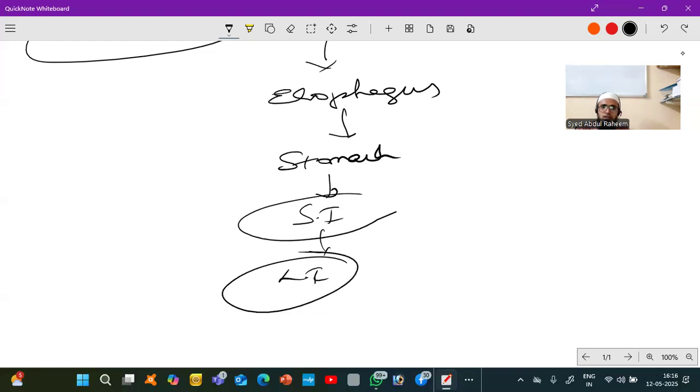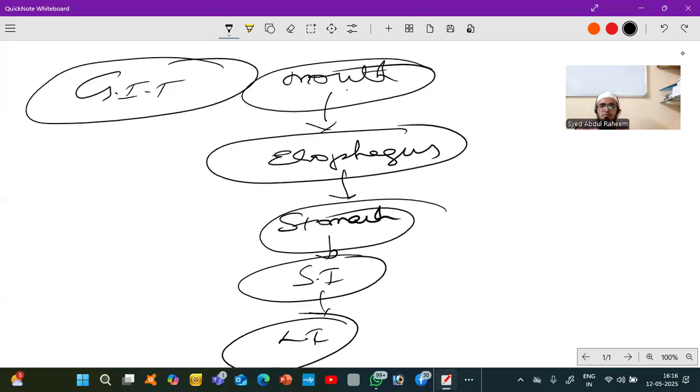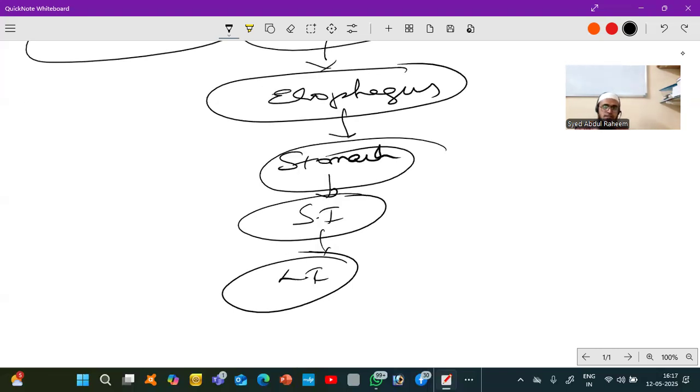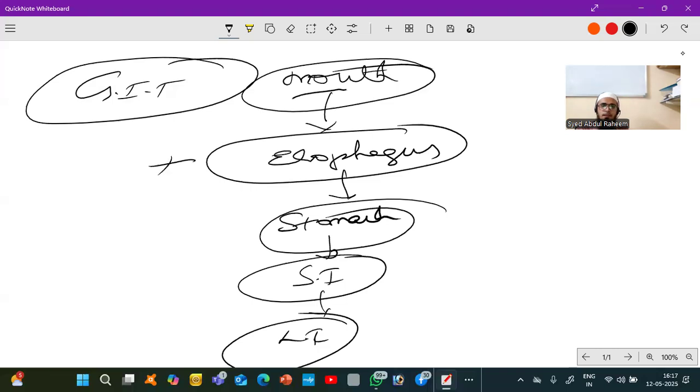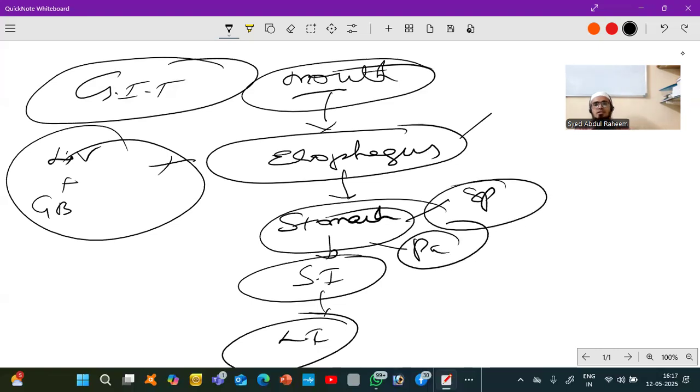So they are the pipes. Names are changed according to that area and function. In between, we have liver and gallbladder. Right side, left side, at stomach level, we have spleen and pancreas.